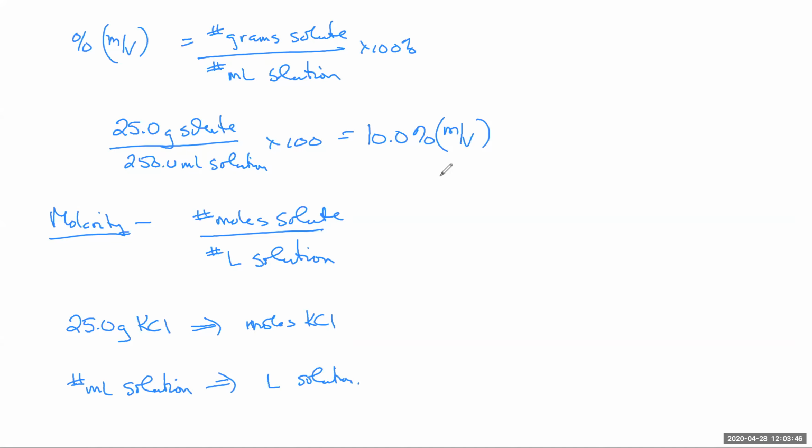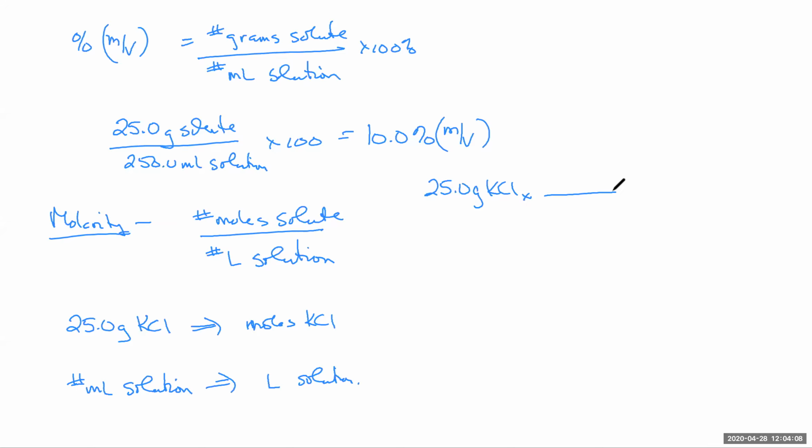And so to get that done, you need the molar mass, 25 grams of KCl. If you add up the molar mass for KCl, chlorine is 35, and potassium is, I believe, 39. I looked them up.